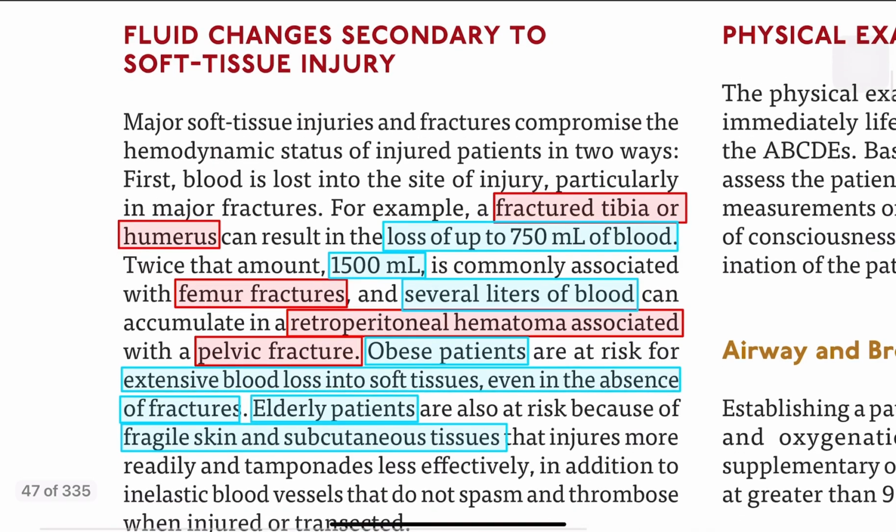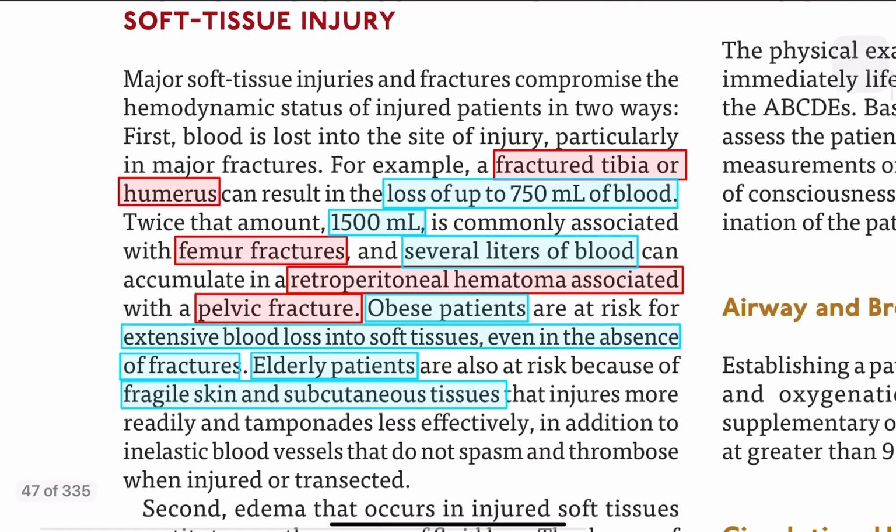So there are fluid challenges secondary to soft tissue injury. In fracture of tibia or humerus, the loss of blood is up to 750 ml. And in femur, it is almost 1.5 liters, just double. Several liters of blood can accumulate in a retroperitoneal hematoma associated with pelvic fracture.